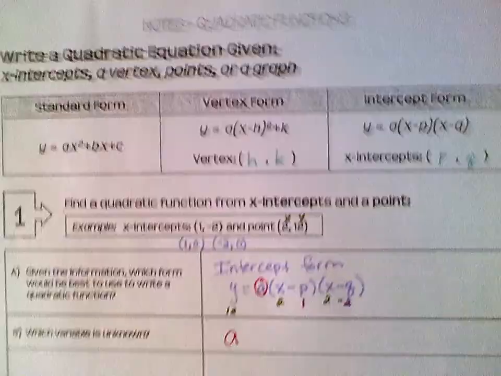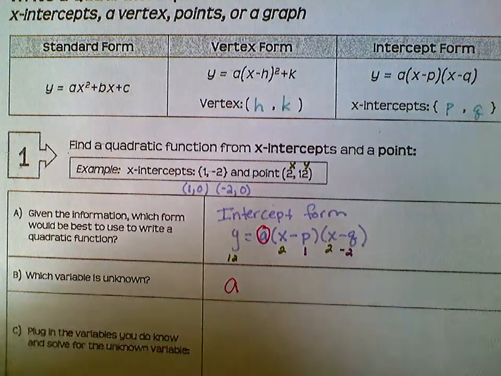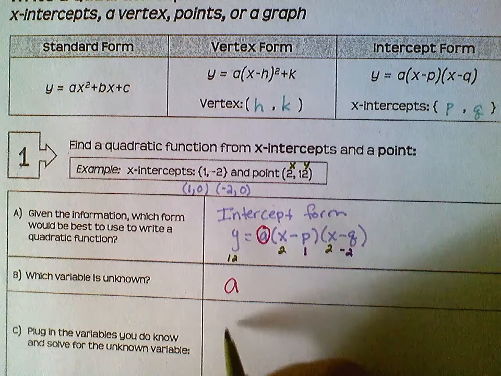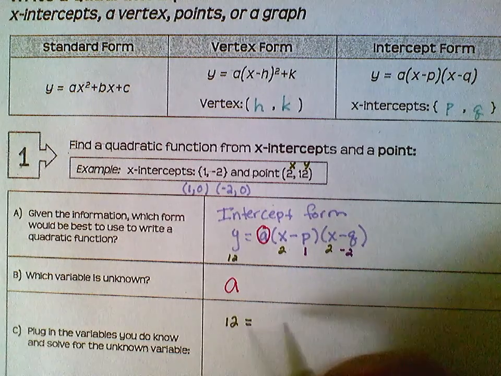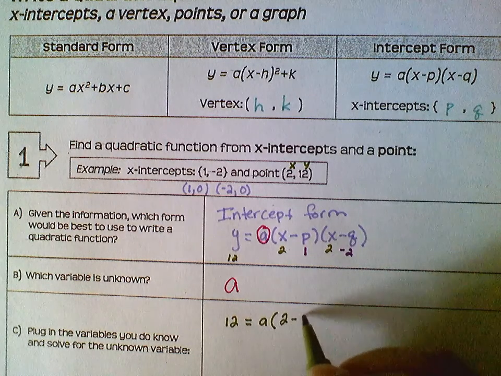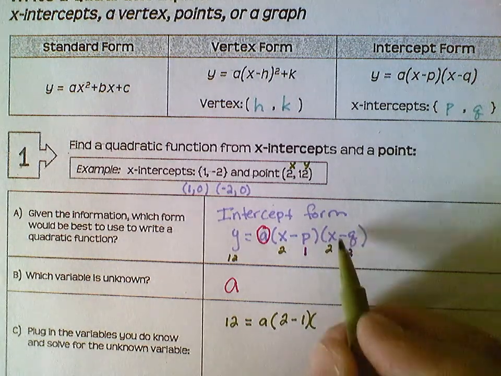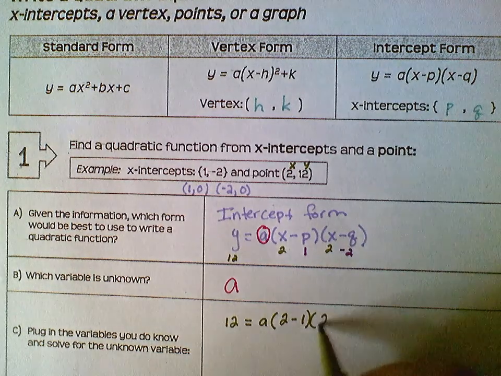Okay, so we're going to plug in what we have. I kind of just showed you where to put everything. So we have 12 equals a times (2 minus 1) times (2 minus negative 2), and be careful here because this is 2 minus negative 2.